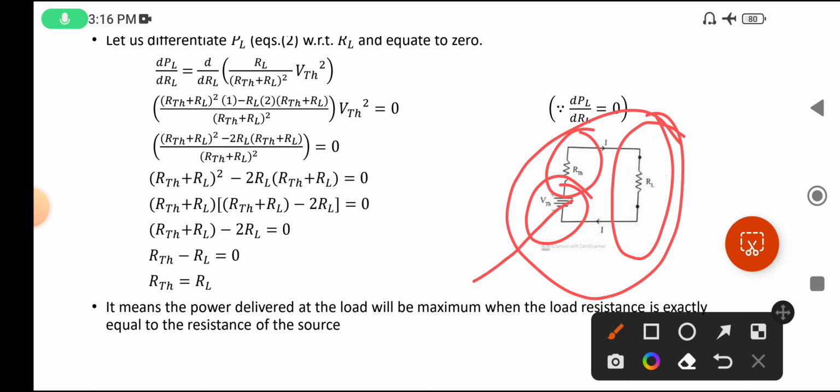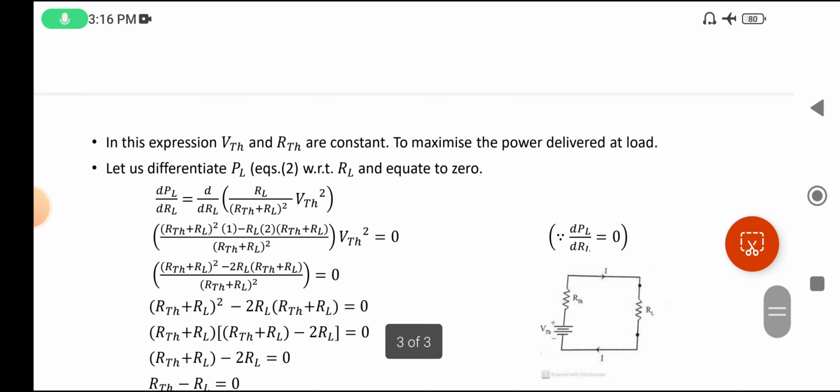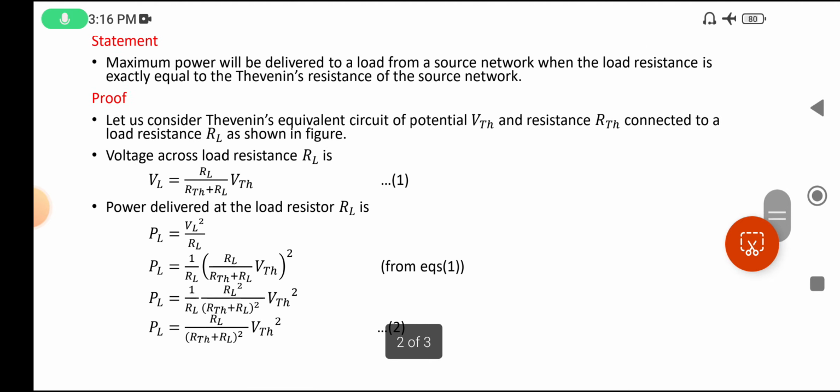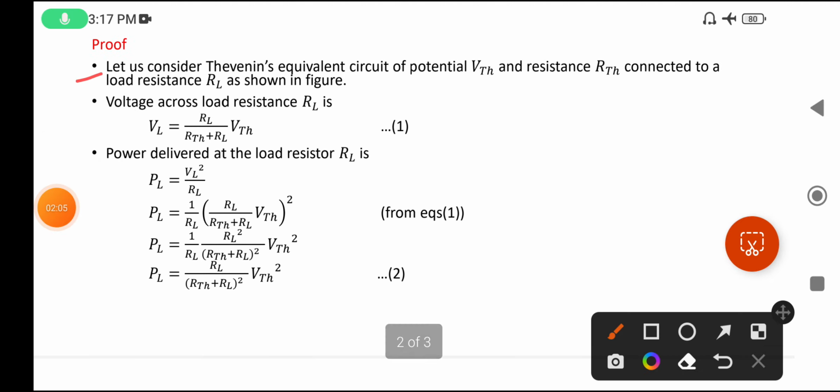So Thevenin voltage, Thevenin resistance, load resistance. Thevenin's resistance and load resistance are always in series. So let us consider Thevenin's equivalent circuit of potential V Thevenin and resistance R Thevenin connected to load resistance RL, as shown in the figure.